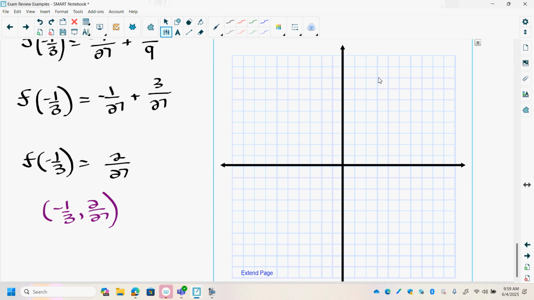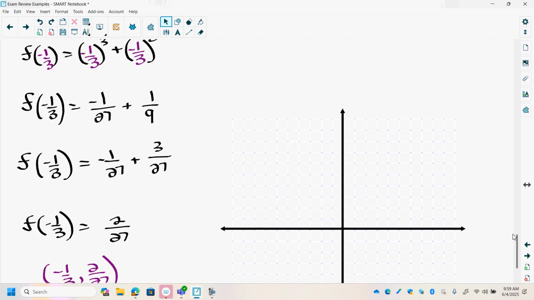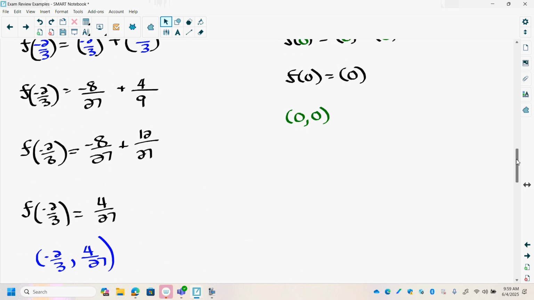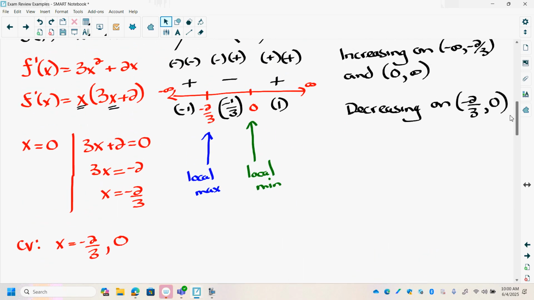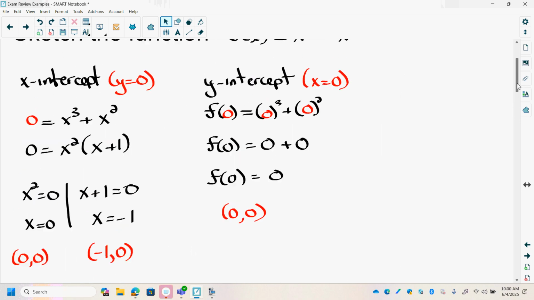I'll count by thirds along the x-axis, because if I look at my x values, I need negative 1/3, negative 2/3, 0, negative 1, and so on.